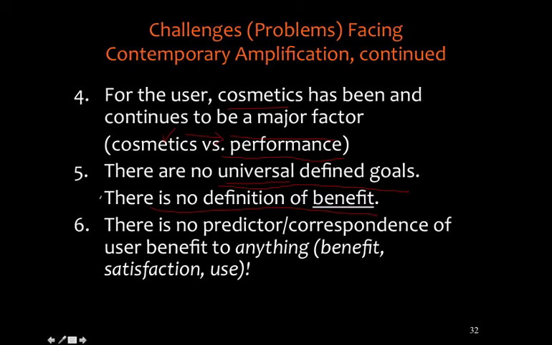Again, the likely source of this would be the use of outcome measures as a way to define and also measure outcome. So that's where outcome measures become important, because they're a way to quantify benefit. Problem also is that there's no correspondence or predictor of benefit to really anything.